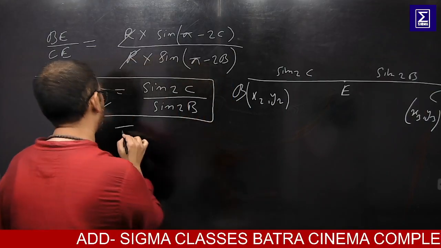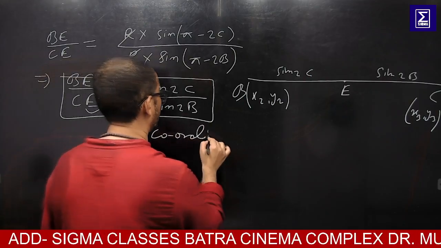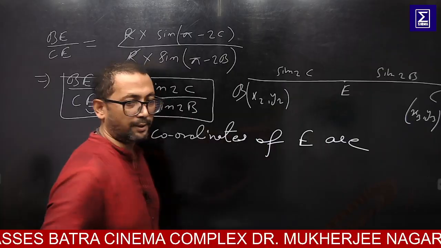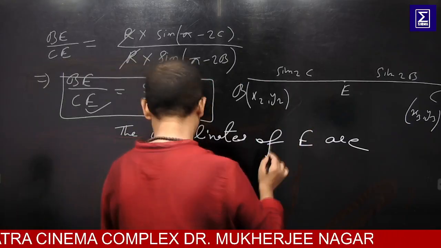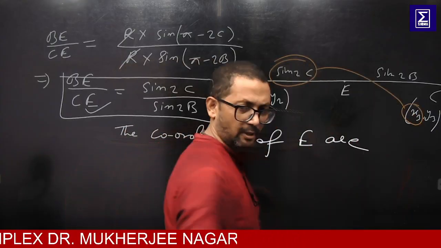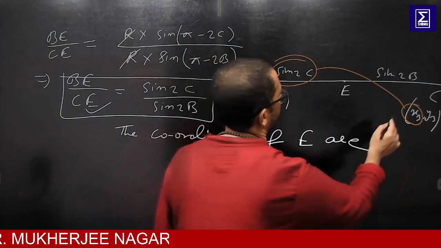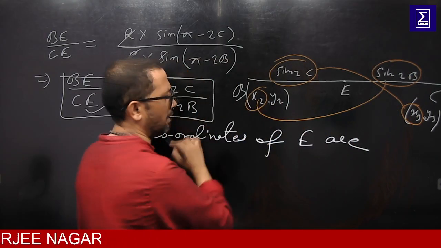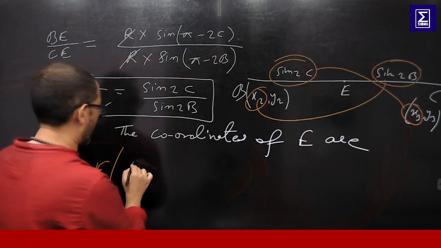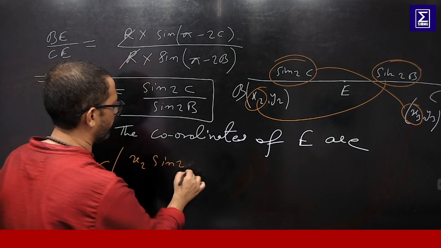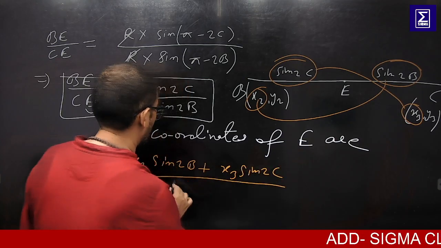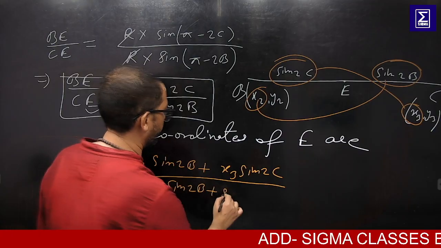So what are the coordinates of E? Sine 2C will multiply with x3 and sine 2B will multiply with x2 in the section formula. So x2 sine 2B plus x3 sine 2C upon sine 2B plus sine 2C.